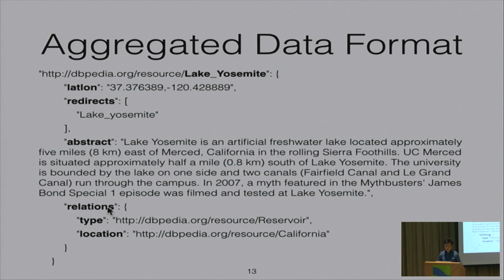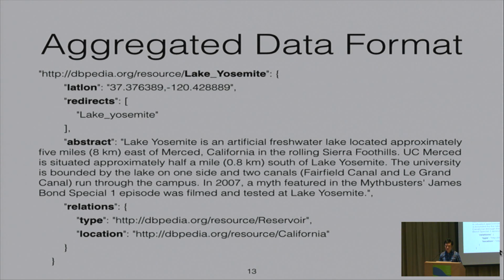For example, Yosemite is a type of reservoir, and its location is in California. Based on this, we already have a knowledge base that contains lots of place knowledge entities.